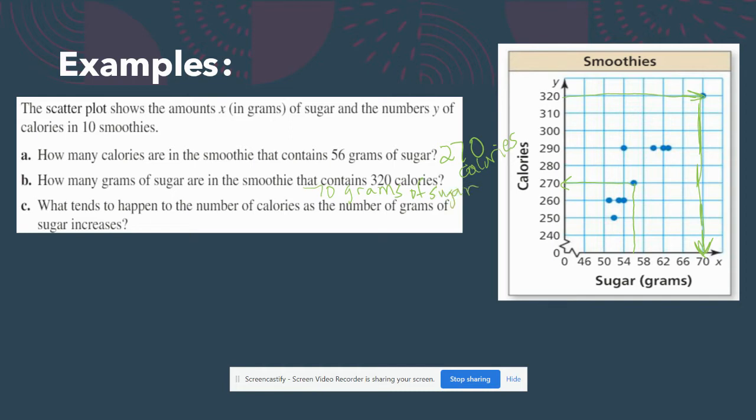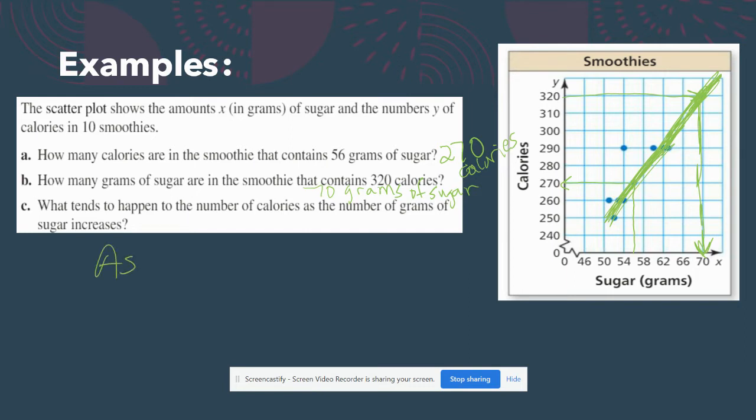So it's asking me, what tends to happen to the number of calories as the number of grams of sugar increases? And as I'm looking at this graph, if I was supposed to connect the dots, it would be kind of a line that goes like this. That line is positive slope.